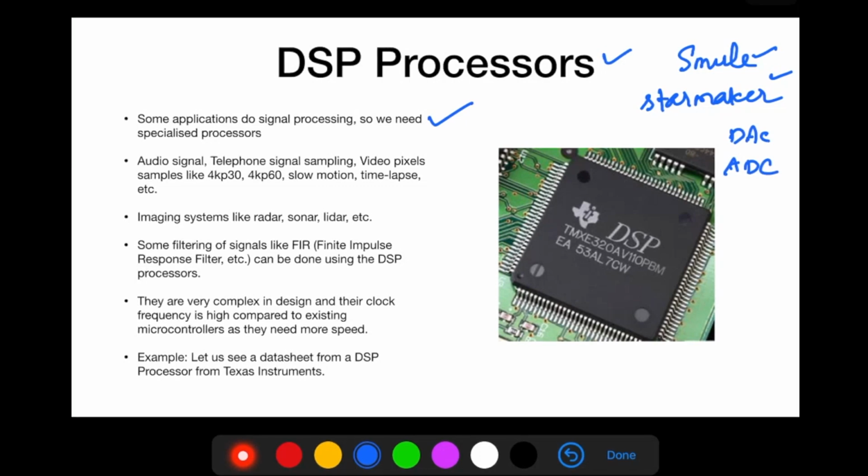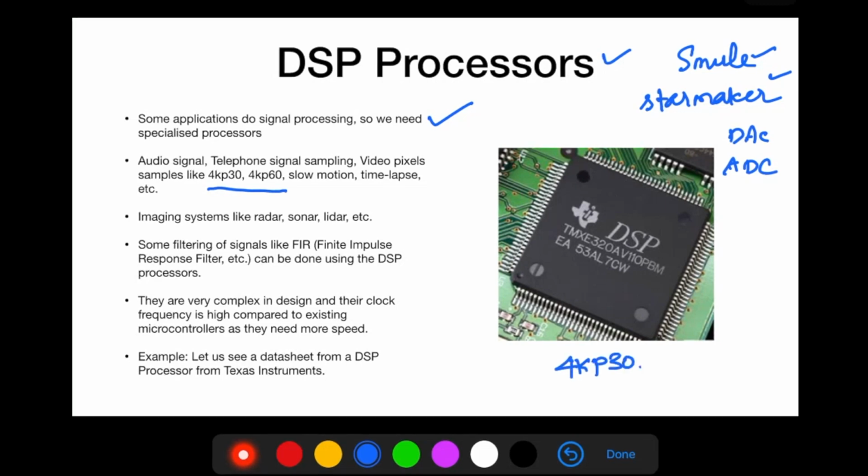To help you understand further, we have something called 4K P30. What do you mean by this 4K P30? Any idea? What does this P30 mean? 30, what do you mean by this? Any guess?